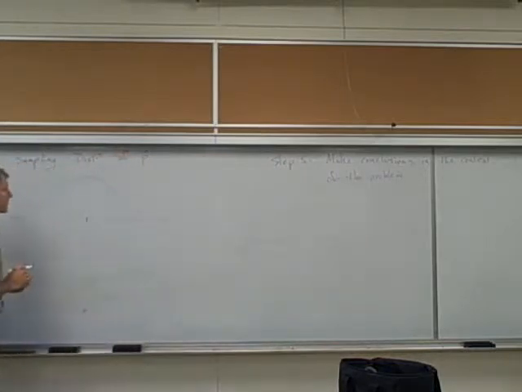Where will it be centered? It'll be centered at p, which is the true population proportion. Now, do we know what p is? No, because if we did, we wouldn't be taking samples and trying to estimate it, right?